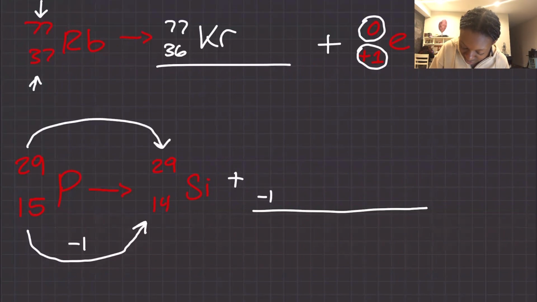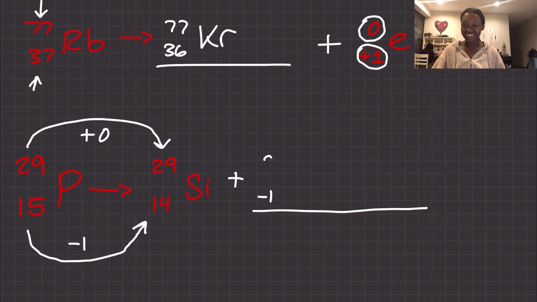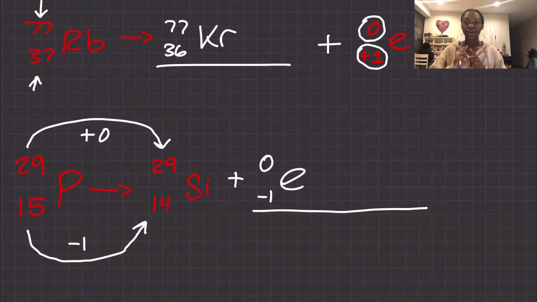So we know that this was a +0, meaning the mass number is 0. Can you guess what nuclear radiation this is? That's right. This is a beta particle. So, phosphorus-29 results in silicon-29 and emits a beta particle.